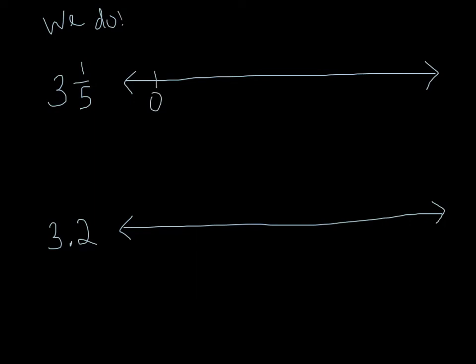And I'm going to go 1, 2, 3, and I better go one more, 4, because it's 3 and a little bit more. So it's going to go past my 3. This is also 3 and a little bit more. So 0, 1, 2, 3, 4.